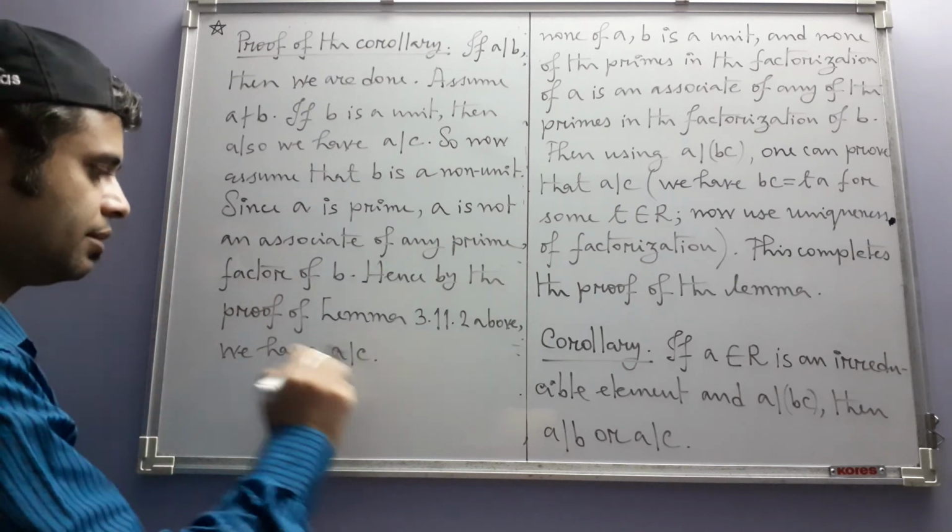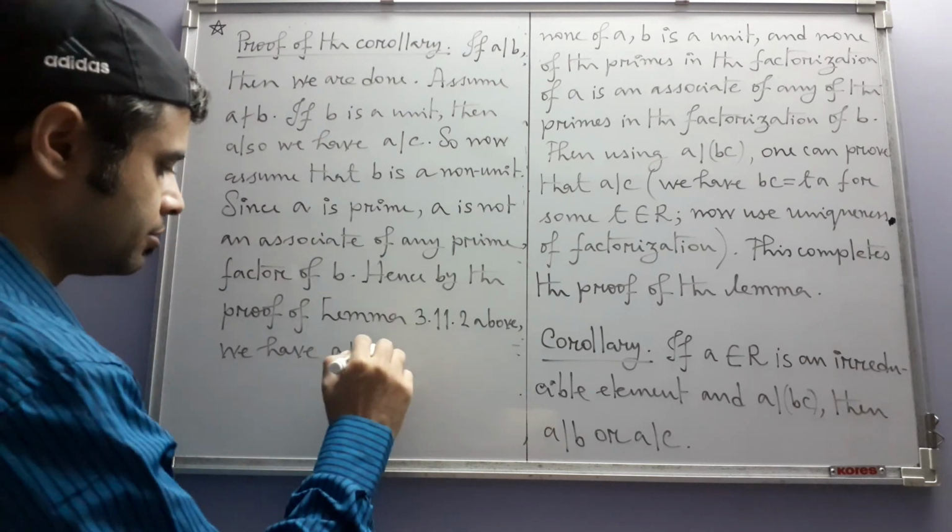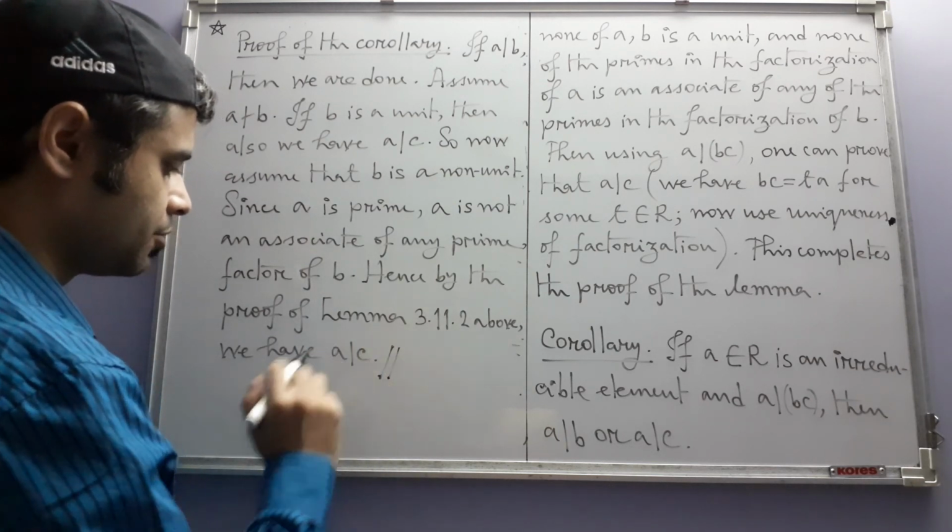So we have A divides C, and this finally completes the solution because it completes the proof of the corollary also.